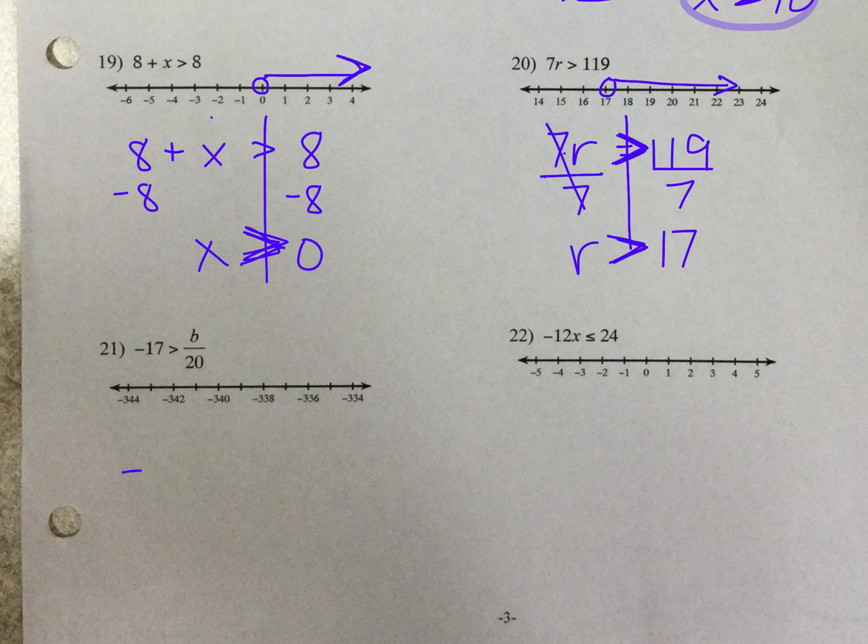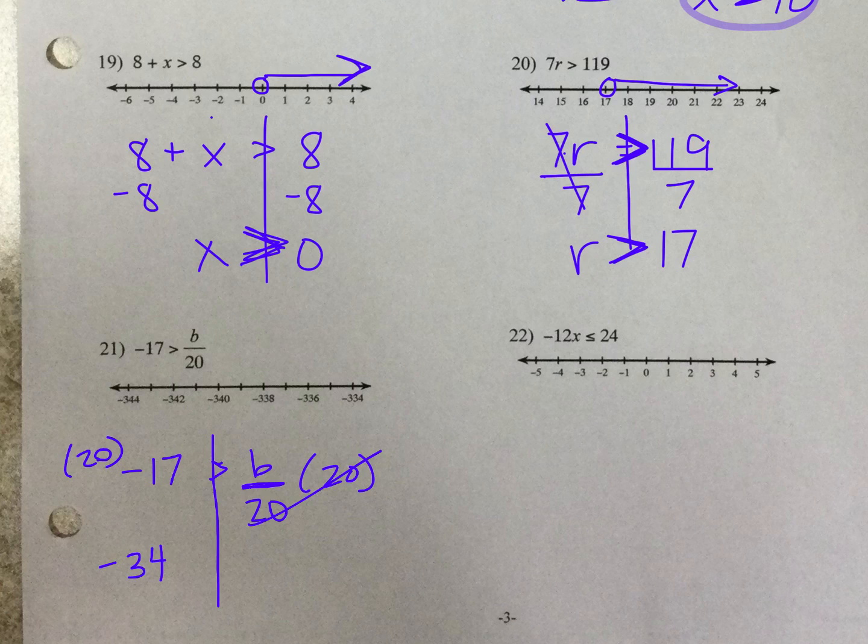All right, let's copy this one down. I'm going to go ahead and warn you, the B is on the wrong side. So we're going to have to flip it at the end to get it on the correct side. So this bar means divide, which means I'm going to multiply. 20 times negative 17 is negative 340.